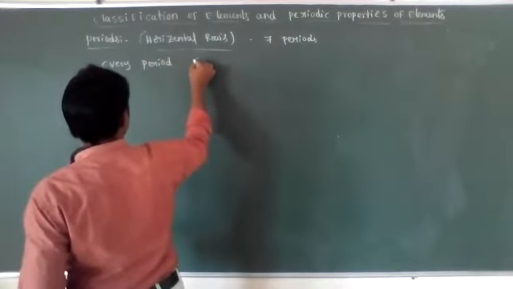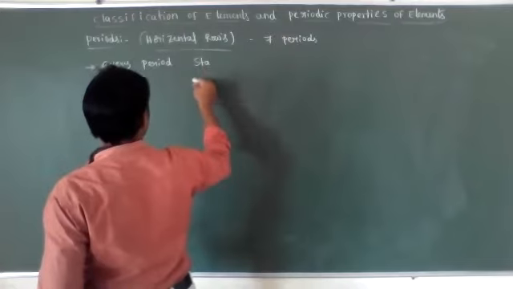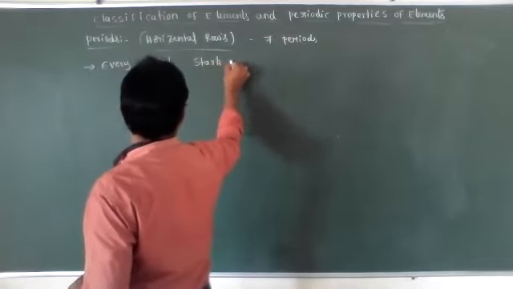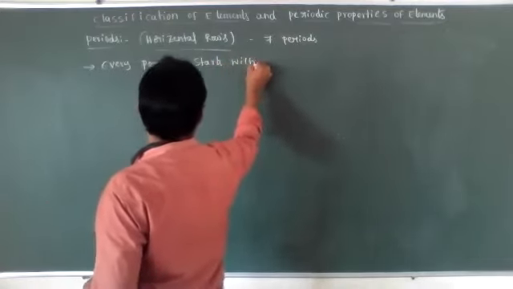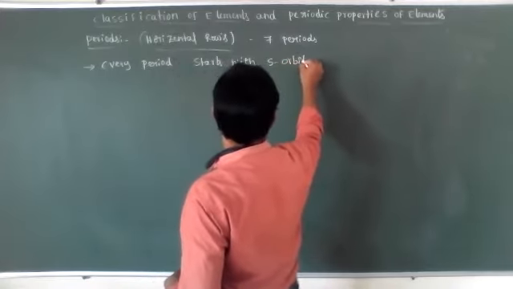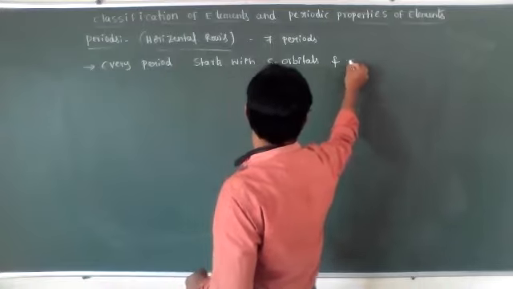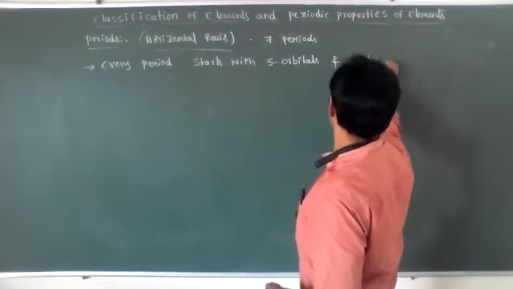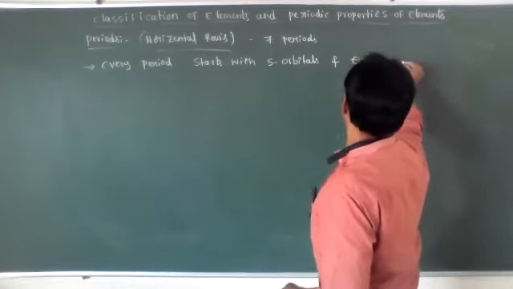Every period starts with s orbitals and ends with p orbitals.